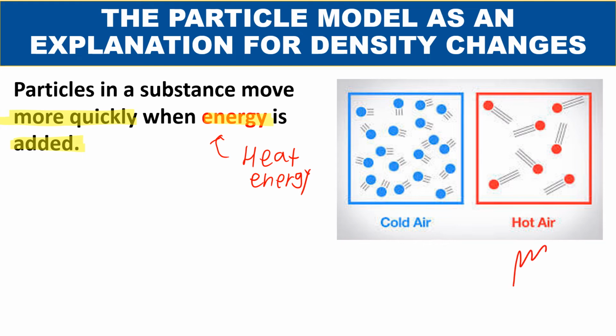If I have heat energy underneath, then what happens is the motion of the particles will be way faster. This is like the double arrow that I drew in the previous one. Then a lot of particles try to escape that space. So you have relatively fewer particles in a given volume.